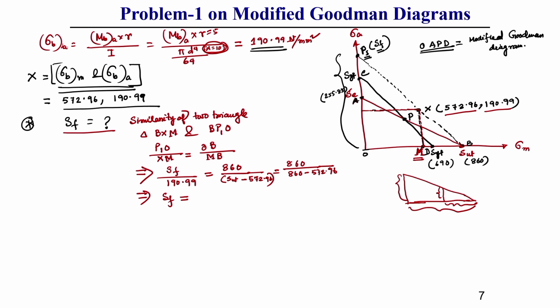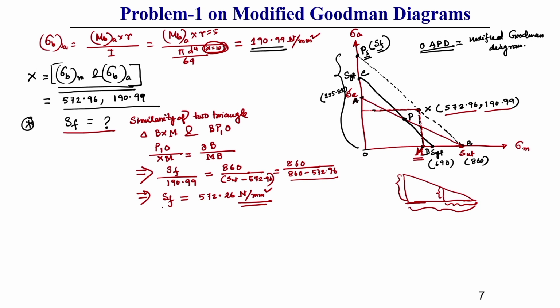What is the SF value we are getting? Just this value we need to calculate. So, here the SF value is 572.26 Newton per mm square. This you should keep in mind. So, this fatigue strength now is calculated.